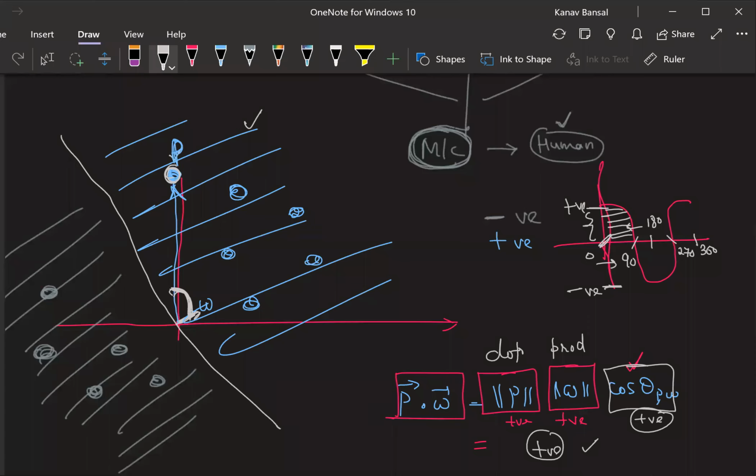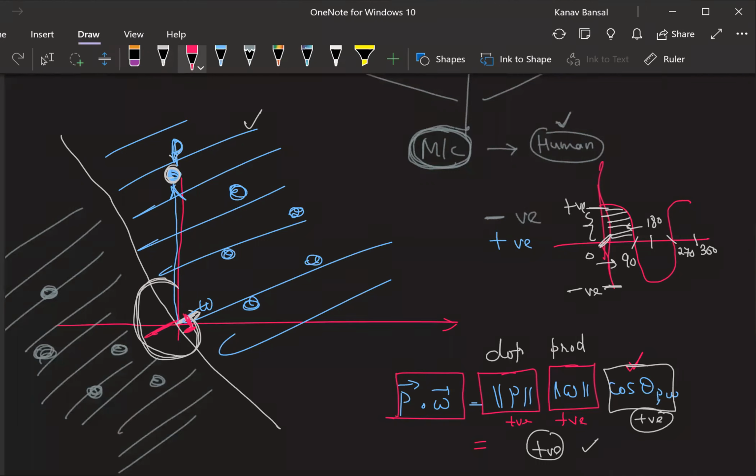Making sense now? Similarly, you can also look at the angle from this perspective. Can anyone comment on what kind of angle you see here? This is a 90-degree angle, right?